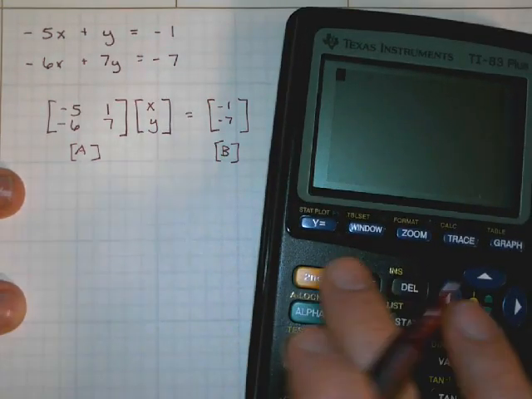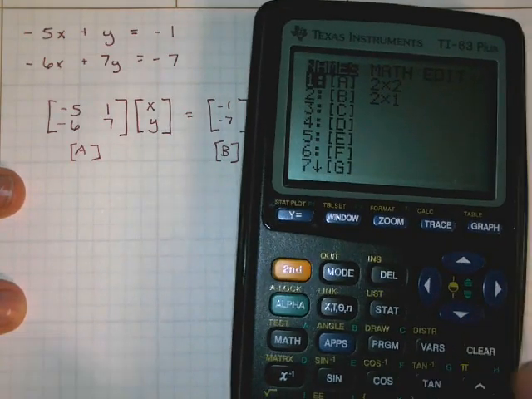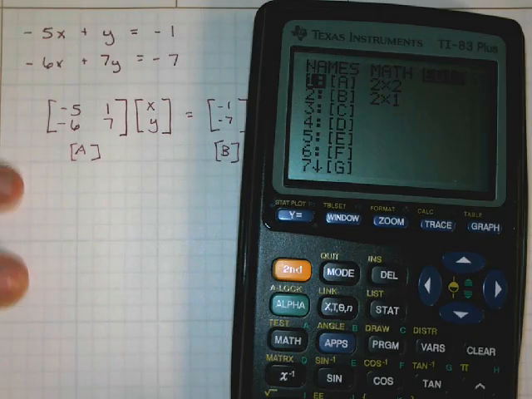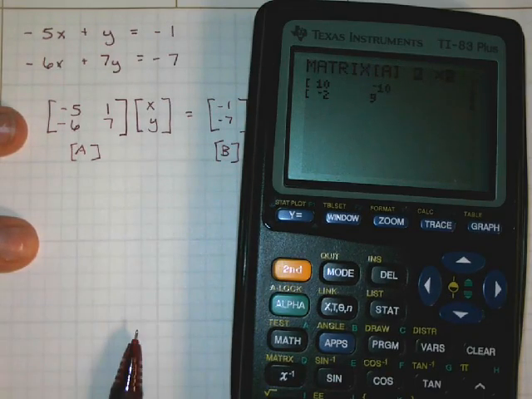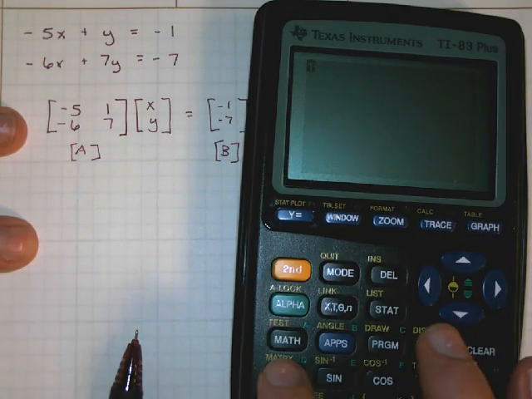So I'm going to do second, x to the -1, and I need to arrow over to edit, and I want to edit A. So A is going to be a 2 by 2, and it's going to have -5, 1, -6, and 7. I'm going to quit, and then I'm going to go back into matrix.